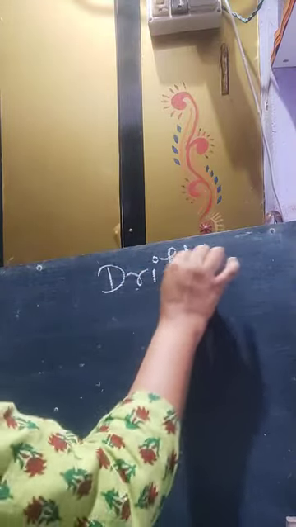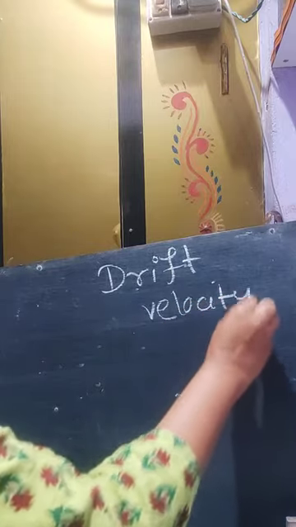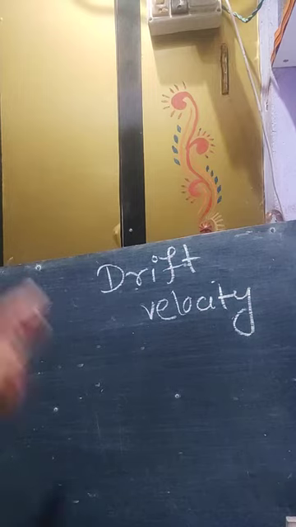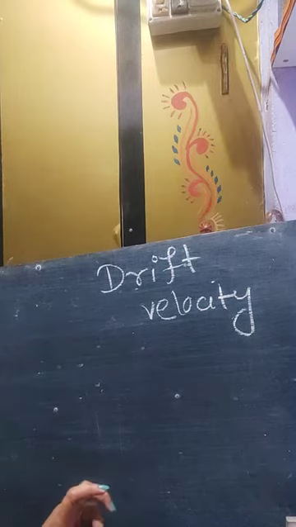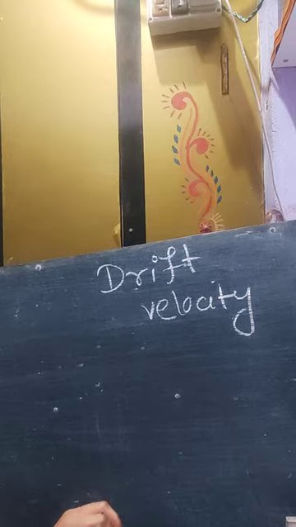The first are mobility, current density, and conductivity. Before going to that, I will discuss what drift velocity is. If an electron moves under an external potential, then the motion of the electron is regularized, and this kind of motion is called drift velocity.